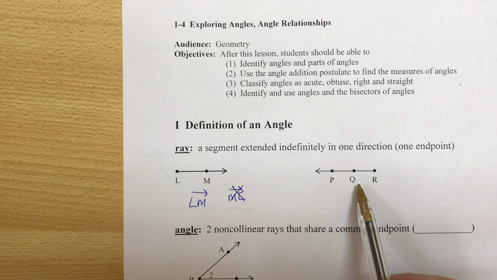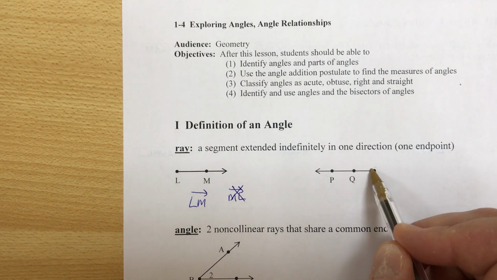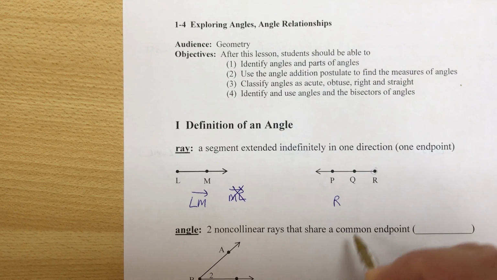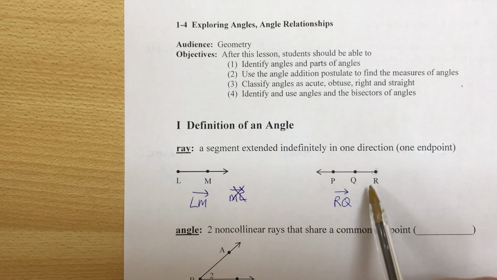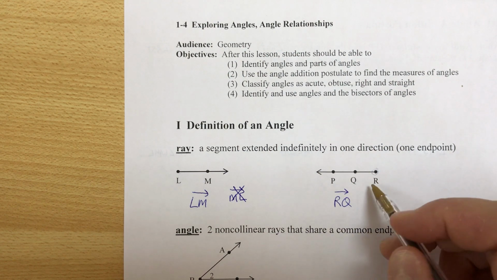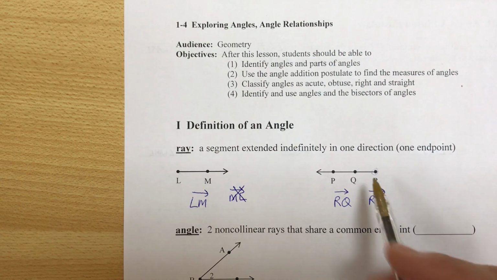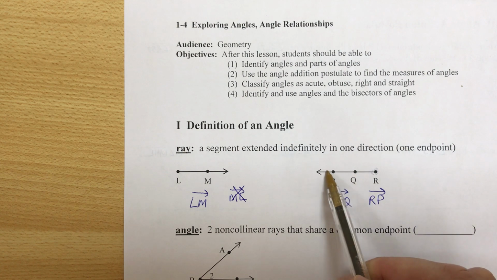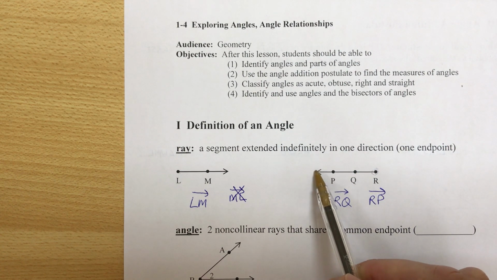So in this, they give you 3 points. Now you only use 2 of them to name a ray. The endpoint is R, so we have to start with R. And if we say ray RQ, the arrow goes through Q and it keeps going, so that would be okay. You could also say ray RP, because if you go from R through P, you also will hit Q, and then you'll keep going.